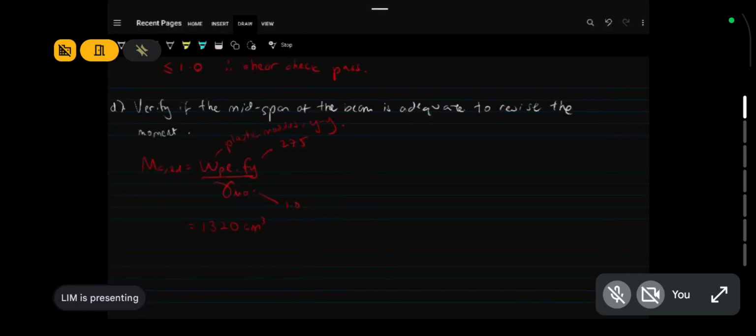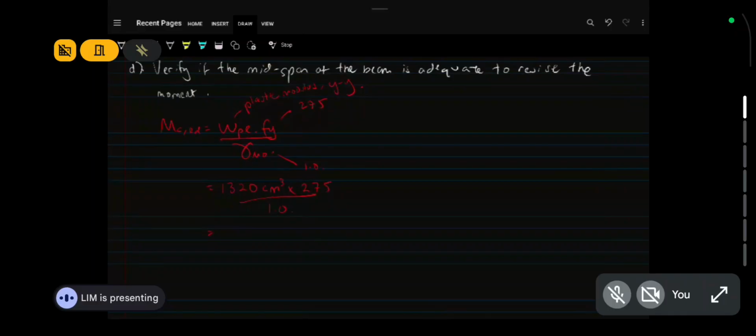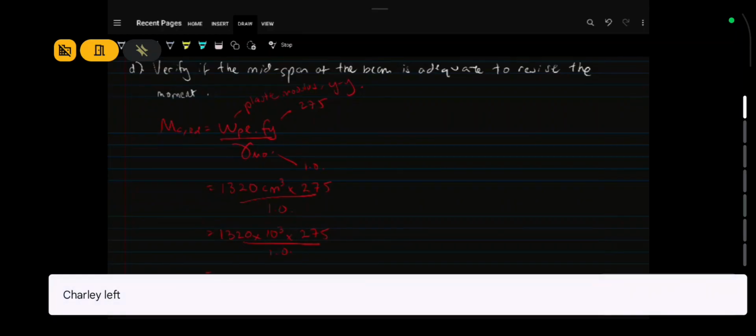Times Fy 275 divided by 1. So 1320 cm cube we have to convert to mm cube. So times 10 to the power 3 times 10 times 275 divided by 1. So 1320 times 275.